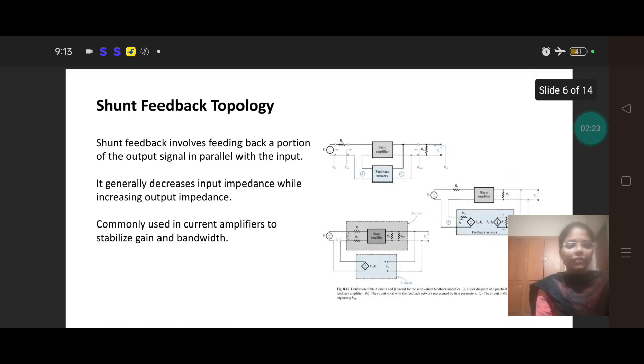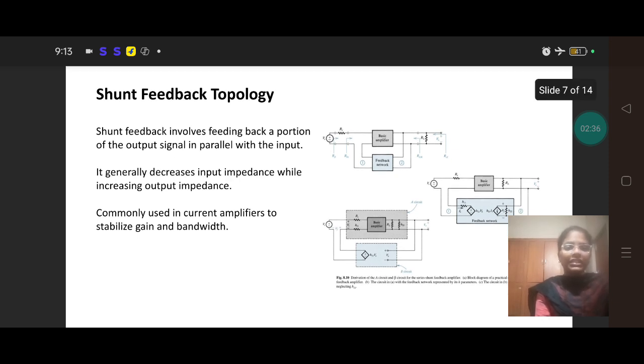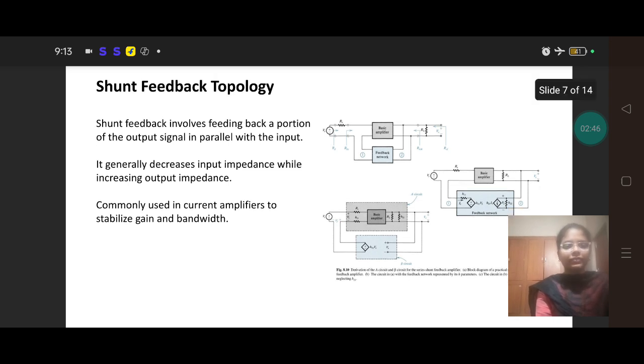Shunt feedback topology involves feeding back a portion of the output signal in parallel with the input. It generally decreases input impedance while increasing output impedance. It is commonly used in current amplifiers to stabilize gain and bandwidth.